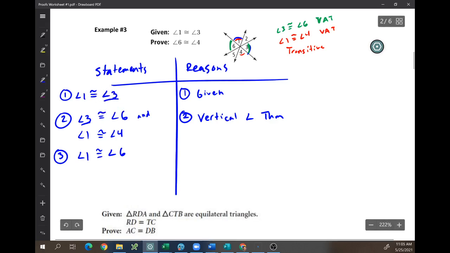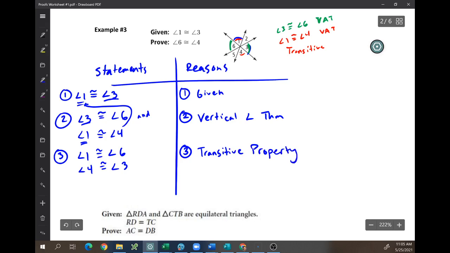And then same thing, I have a 1 and a 1. So I could put angle 4 into the 1 spot and say angle 4 has to be congruent to angle 3, right? Why? Either substitution works or the transitive property works, right? It's kind of the transitive property is just substituting.